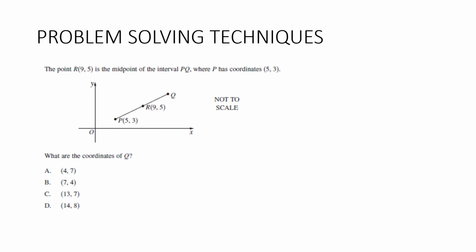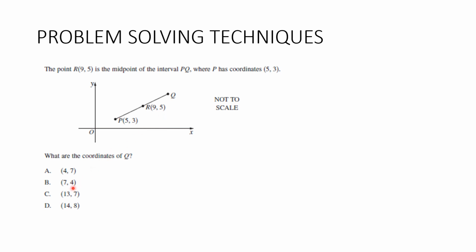I put this one in on purpose to show you how you can use the multiple choice answers to help you with the question. So the point R is the midpoint of PQ. P has coordinates 5, 3. What are the coordinates of Q? Now, if we were doing this question without these answers, we would let Q be x, y, and we would set up 2 equations: x plus 5 all over 2 equals 9, and y plus 3 all over 2 is equal to 5.